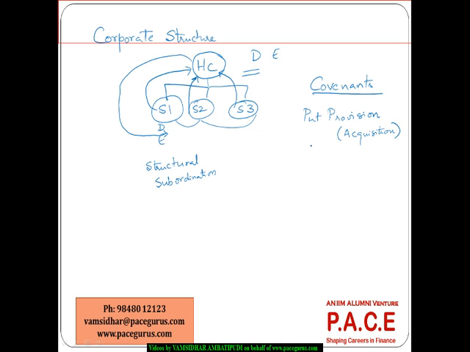And especially in case of high yield bonds, this kind of provision could be there, but for investment grade bonds, this provision could be triggered only when the acquisition results in a rating downgrade from investment grade to non-investment grade. This put provision can be triggered.